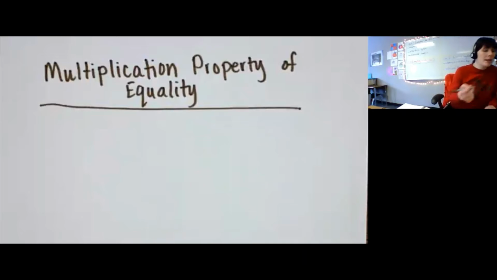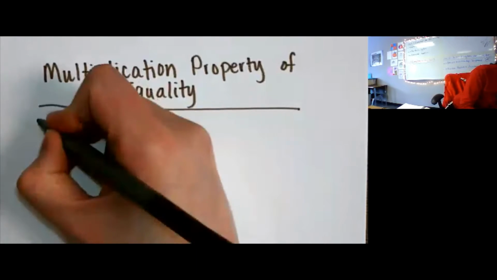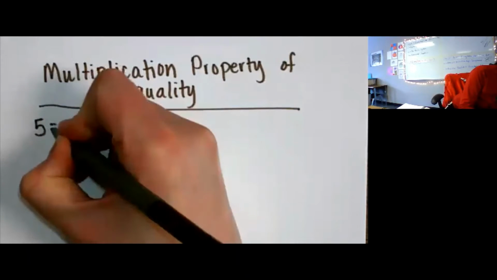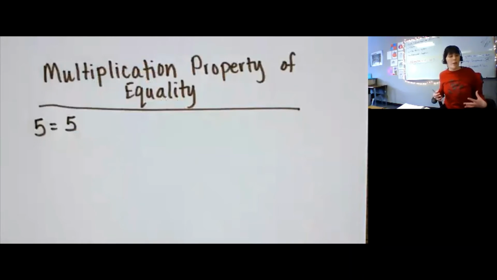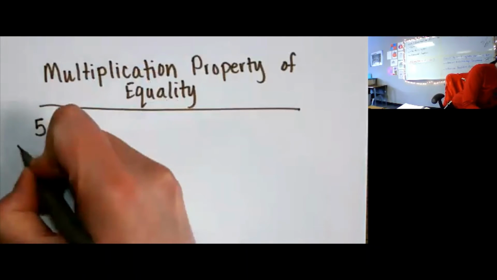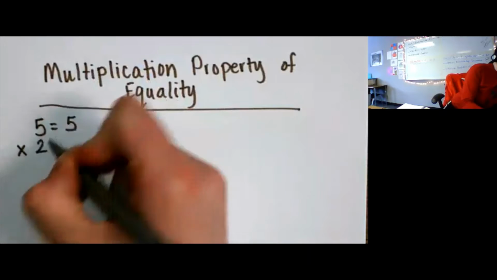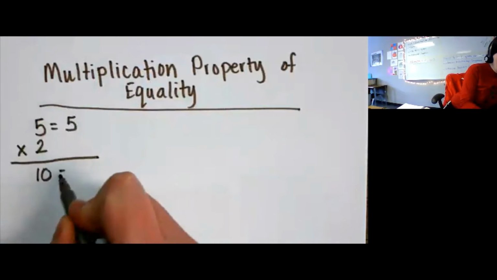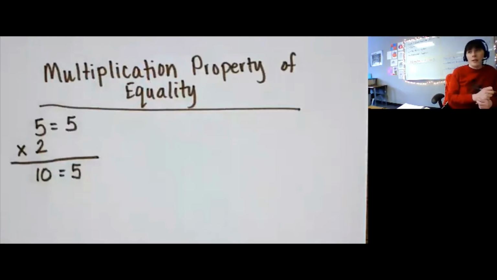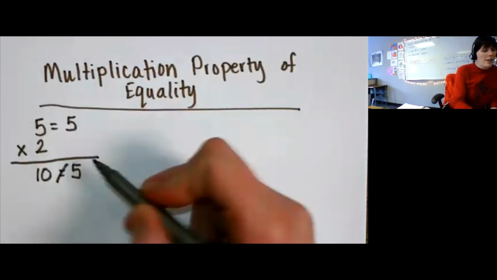equal on both sides. Again, we're going to do an example with just numbers, the same numbers I've been using. 5 equals 5. This is an equation. We don't have any variables in there. And if I multiply, we're going to multiply by 2. If I multiply on one side of the equation and I don't do it on the other side, it's not going to be correct.